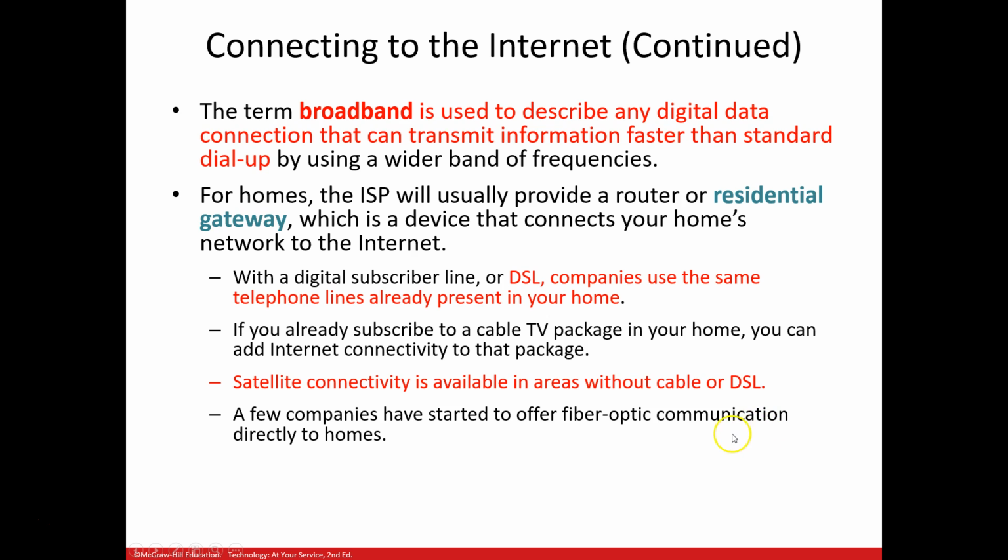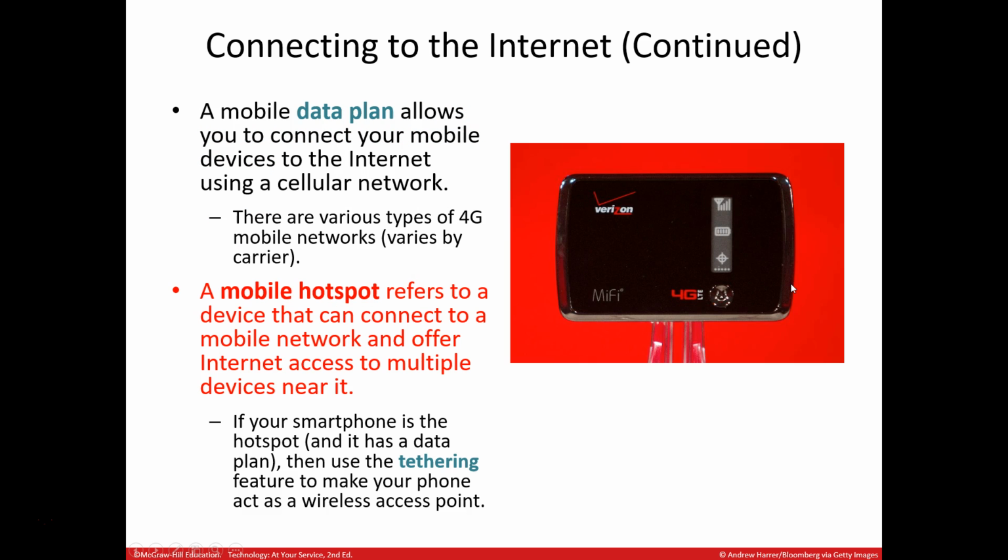This is one of the fastest internet connections. So DSL, cable modem, satellite, and fiber optic are examples of broadband internet access. The narrowband example is dial-up, which has a speed of 56 kilobits per second. We don't see a lot of people use this anymore.